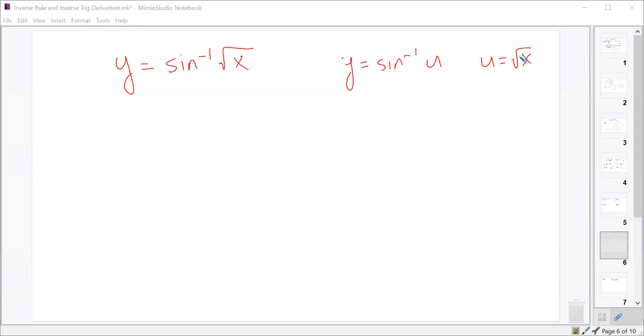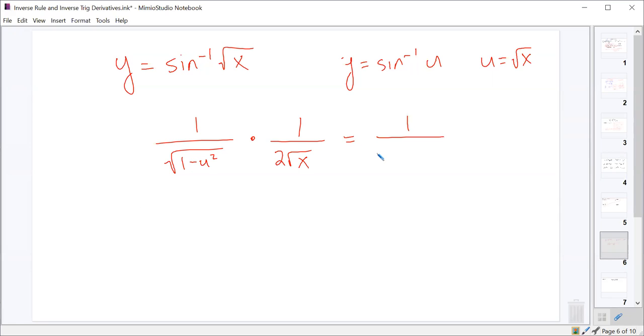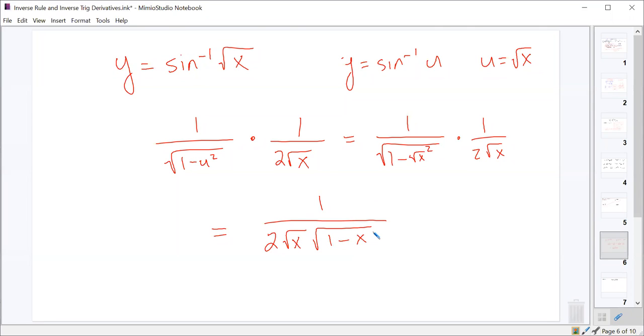All right, so the derivative of the inverse sine of u is 1 over root 1 minus u squared. And then we have to multiply by the derivative of root x, which is 1 over 2 root x. So we got 1 over the square root of 1 minus root x squared times 1 over 2 root x. And that ought to simplify to 1 over 2 root x and root 1 minus x if you simplify what's inside that radical.